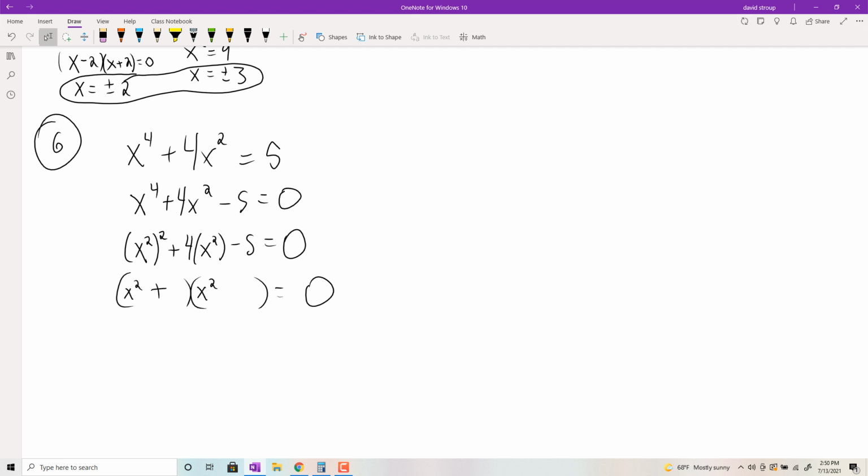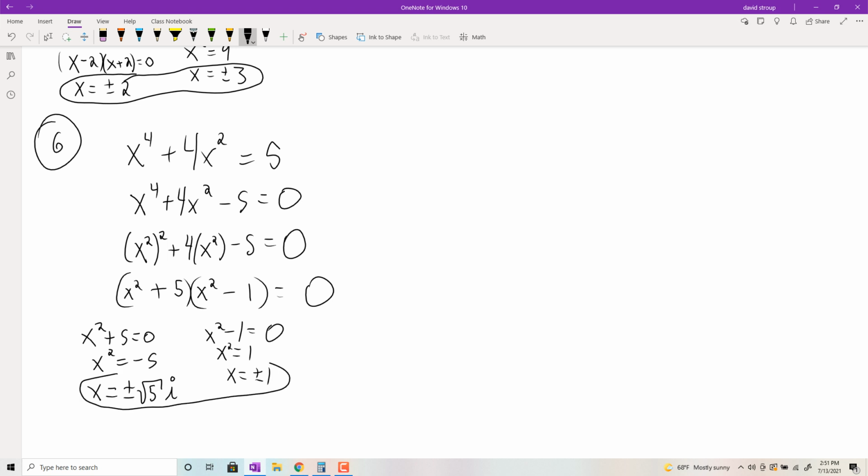And then we need plus, minus, with the 5 to be plus and the 1 to be minus. Then we could set each of these equal to 0 and solve both of them. Whoops, I'm trying to get too far ahead of myself. So here, x squared is negative 5, and we're going to use imaginary numbers here, so those are just fine. Plus or minus square root 5i. Then the other one, okay, so again we have 4 answers.